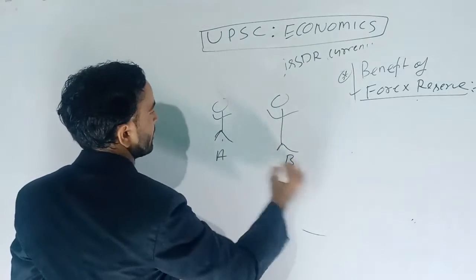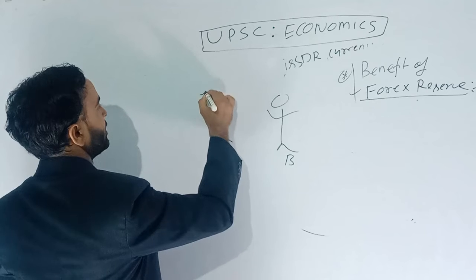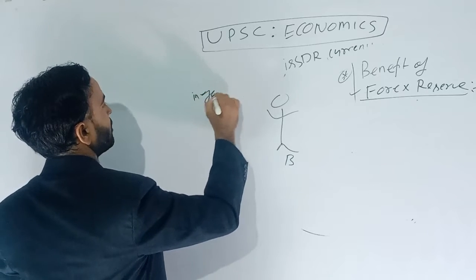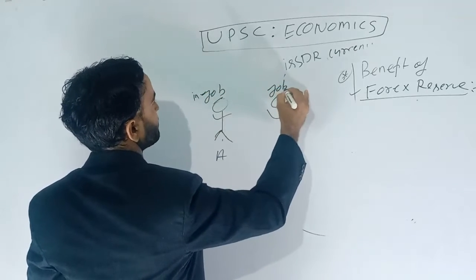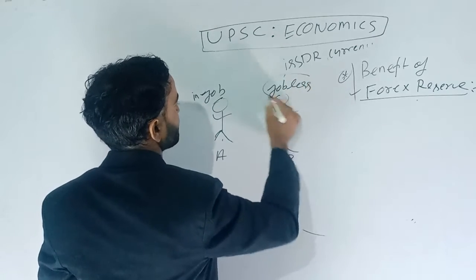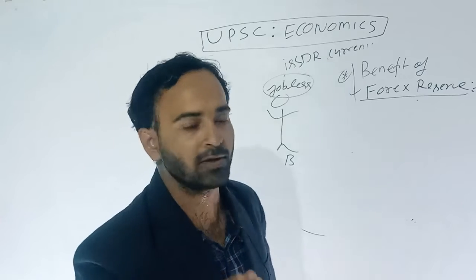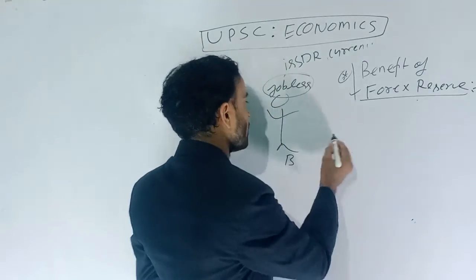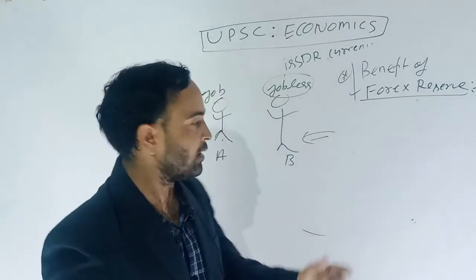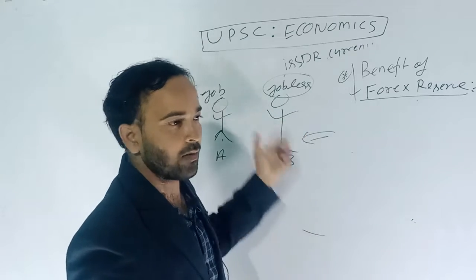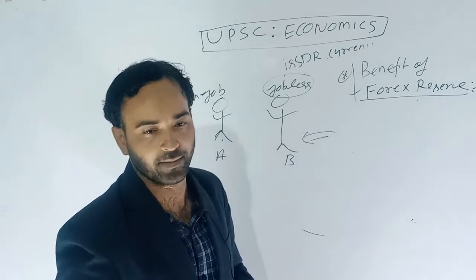Mr. A and Mr. B. He is earning money, he is in a job. He is jobless. If a jobless person asks money from someone, they will not generally give. Because they know he has no background from where he will return my money.